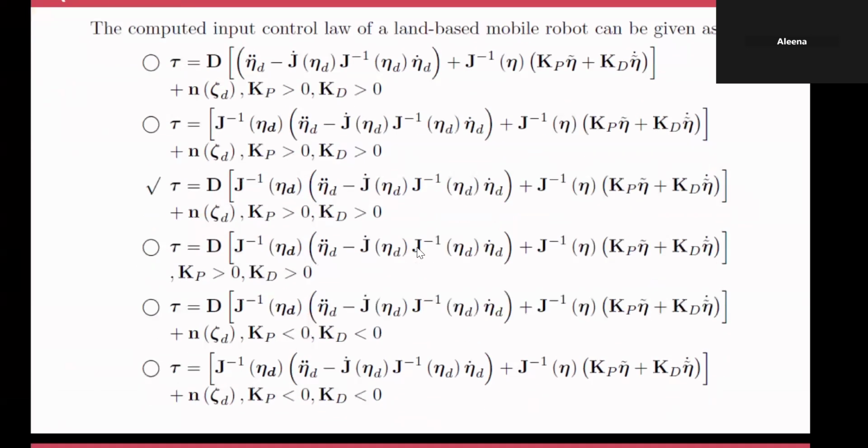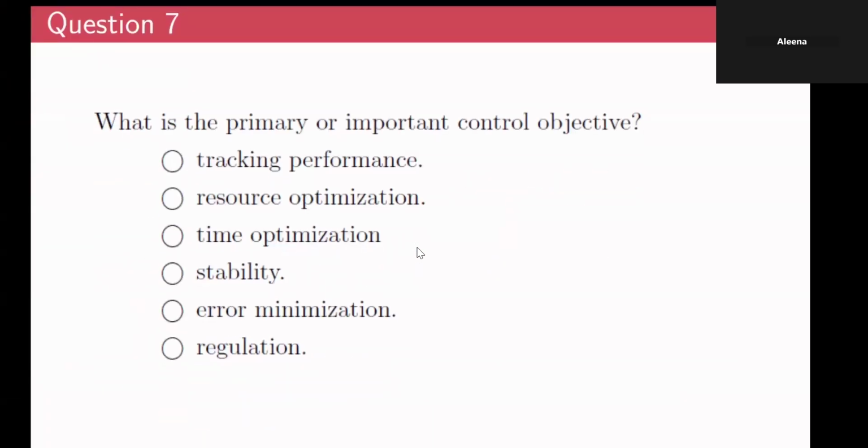So going on to question 7, what is the primary or important control objective? We have actually seen the most important control objective is to ensure the stability. Every other thing comes secondary, because if the control input is not stable, the system could probably end up disastrous.